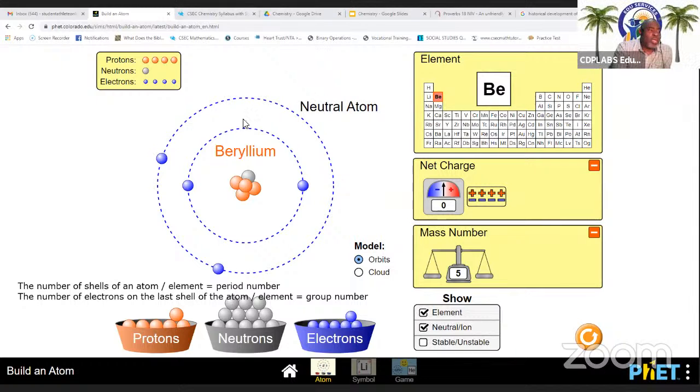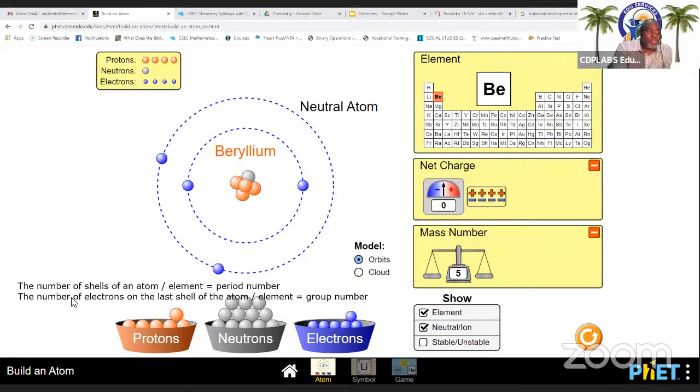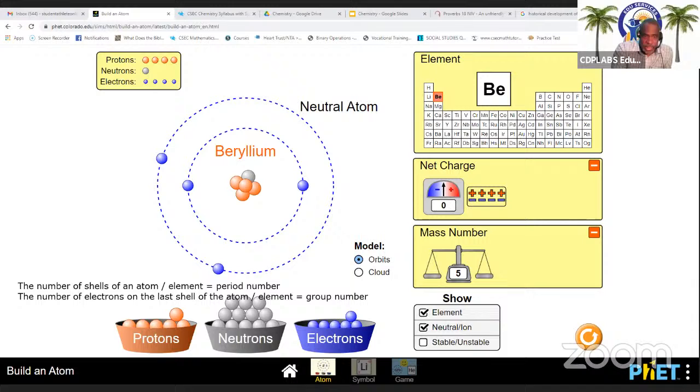So it is 2 because it's using 2 shells. What's the group number of beryllium? 1. Did you read the statement right here? Read the statement: number of electrons on the last shell of the atom. So it should be 2. Good. So I want you to practice to read and apply.